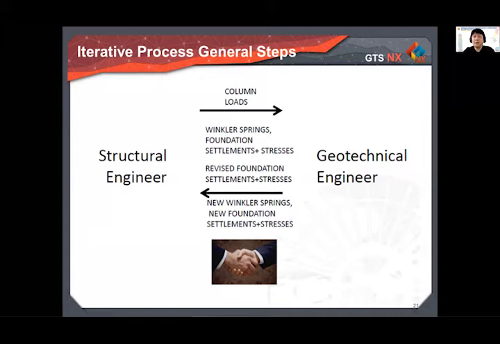Then the structural engineer runs their model and determines the foundation settlements and the stress under the loads. They compare with the geotechnical engineer, and either they are closing up or the geotechnical engineer needs to revise the springs and come up with new foundation settlements and stress. This process keeps going until the settlements between the structural model and geotechnical model are converged.